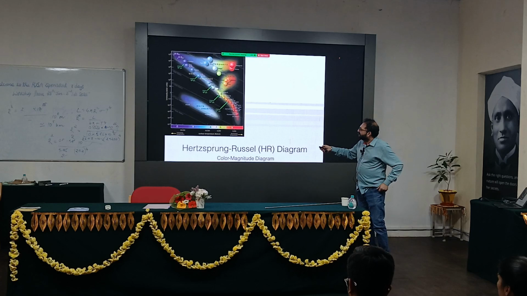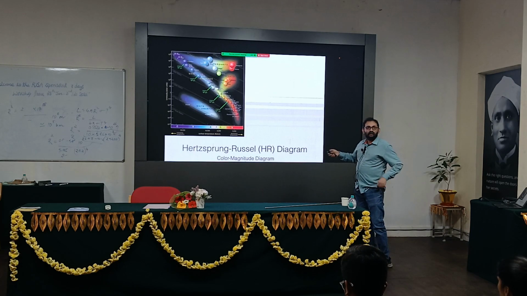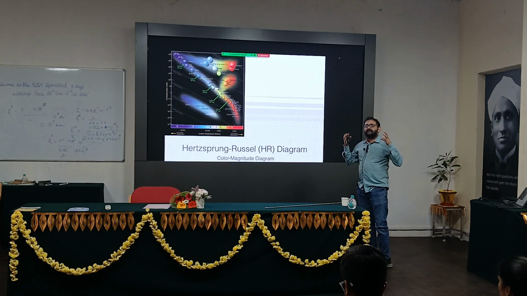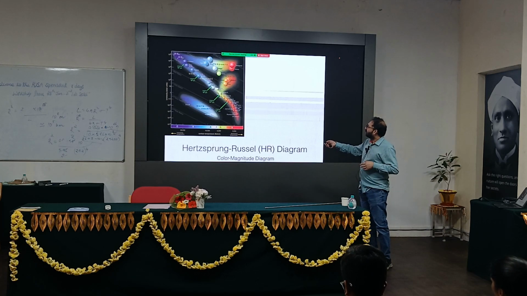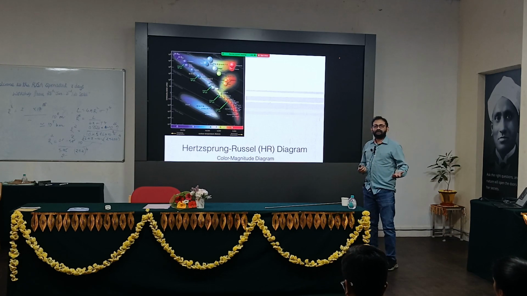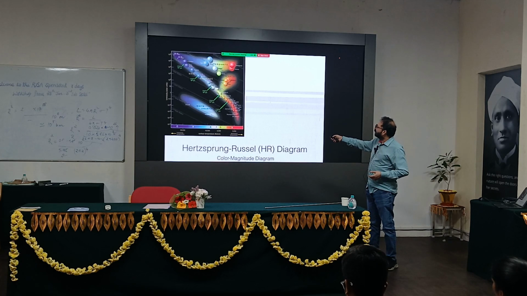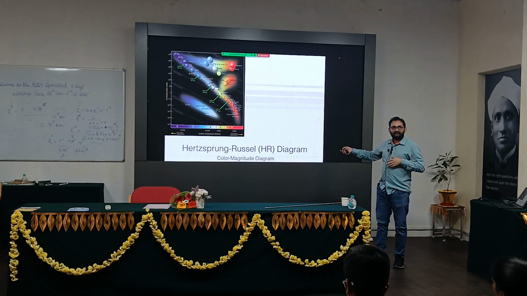So for example, the stars sitting here are very hot, but their radius is very small. That means they are very dense. These stars are called white dwarfs, which are the end stage of stars. And these are all the main sequence stars, which are starting their life. Then you see the stars moving to slightly increasing radius, but the temperature is cooler.